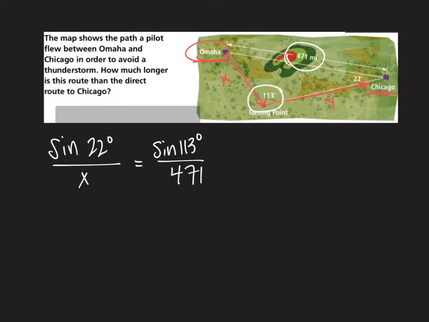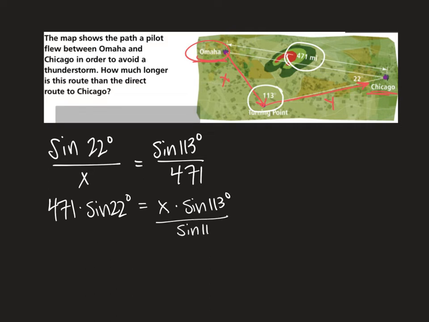Now we cross multiply and we get 471 times the sine of 22 degrees is equal to x times the sine of 113. We divide by the sine of 113 degrees.